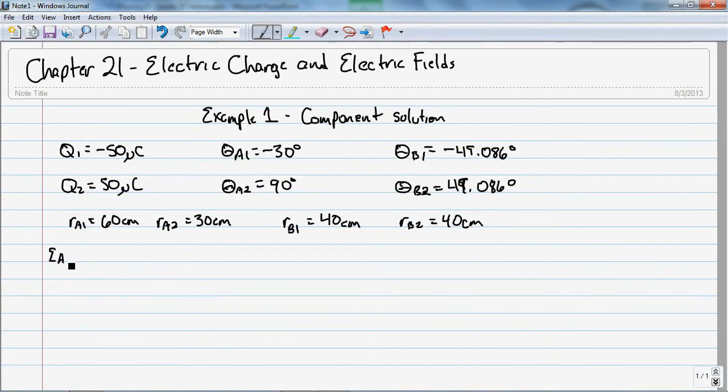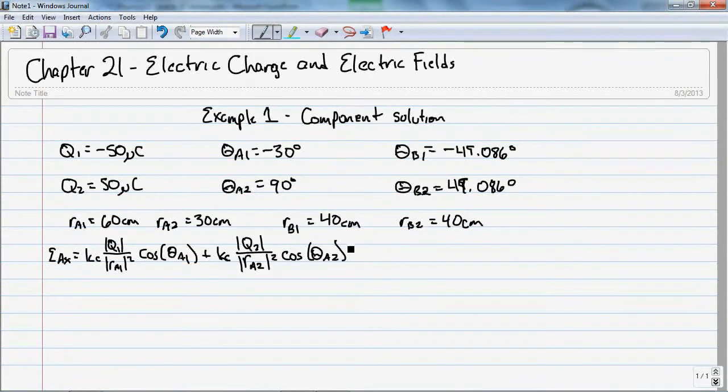So the electric field at A in the x direction is going to be k times the absolute value of Q1, because we already figured out the angles, over RA1 squared, times cosine of theta A1, and then we're going to have the electric field equation like so.